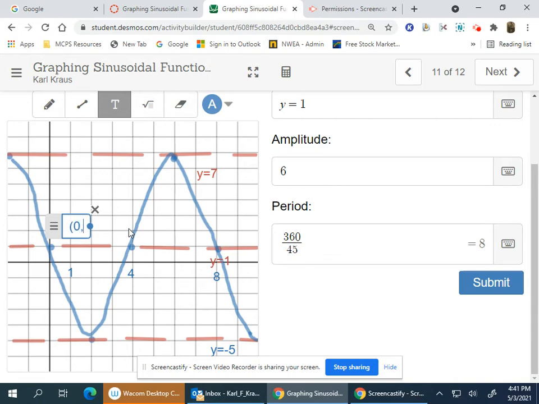Zero, 1. 2, -5. And then this point is 6, 7.